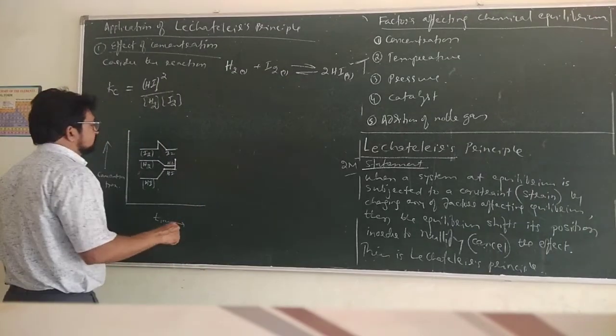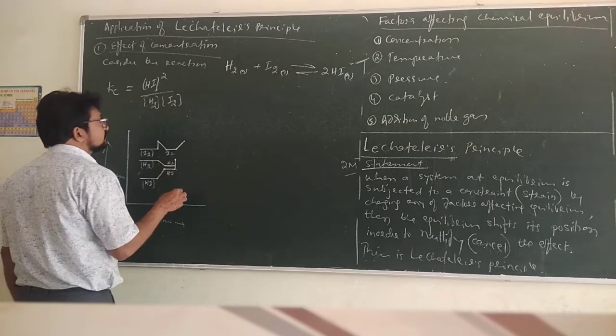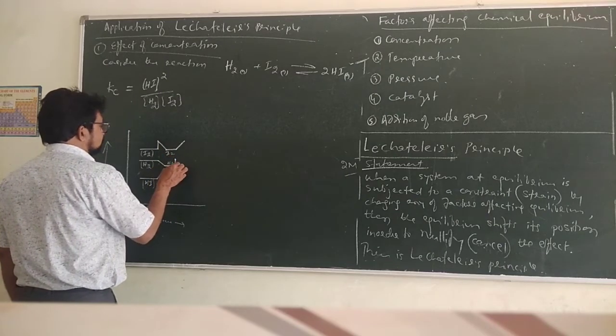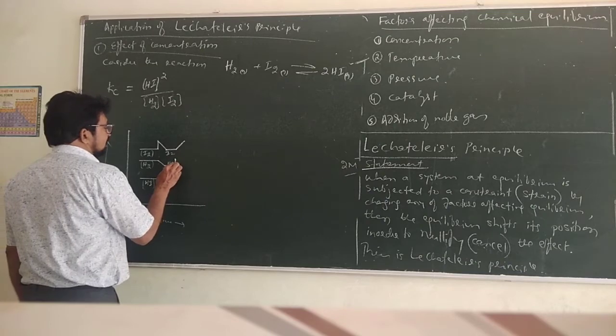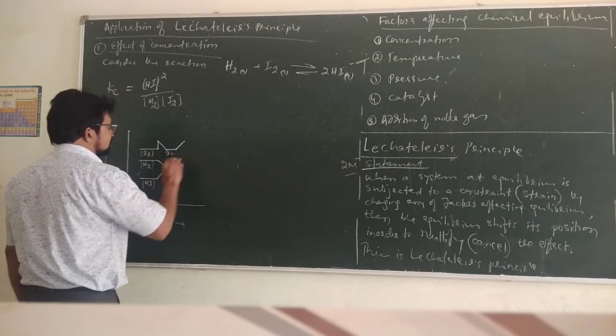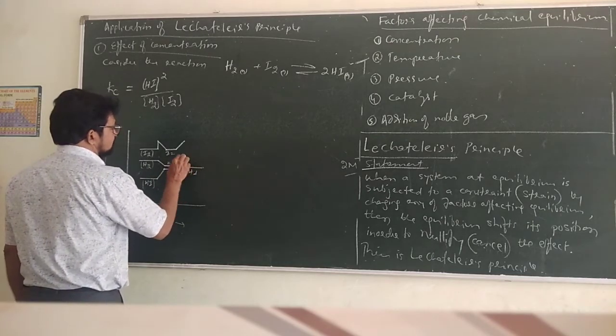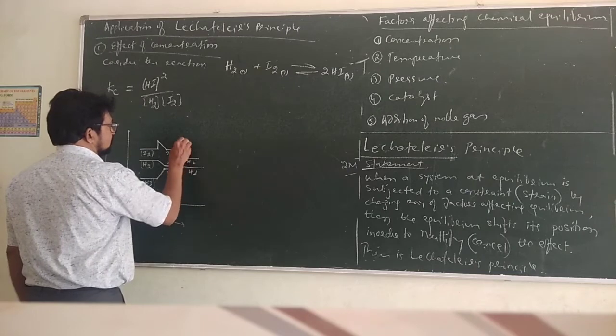Then what will happen? I2 will increase, H2 will increase, and HI will decrease. So this is the new HI, H2, I2.